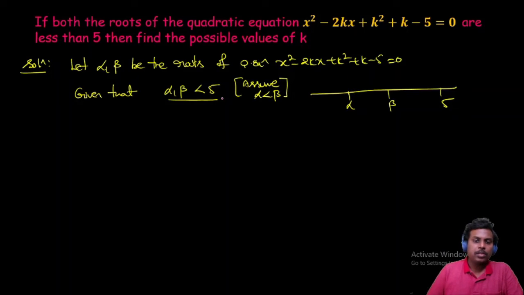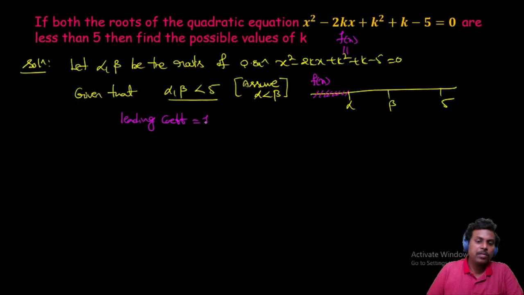So let me take this as f of x. Now we know in which region f of x is positive and in which region f of x is negative. And you know very well that in this region f of x and the leading coefficient take the same sign. So what is the sign of the leading coefficient here? Leading coefficient is 1.